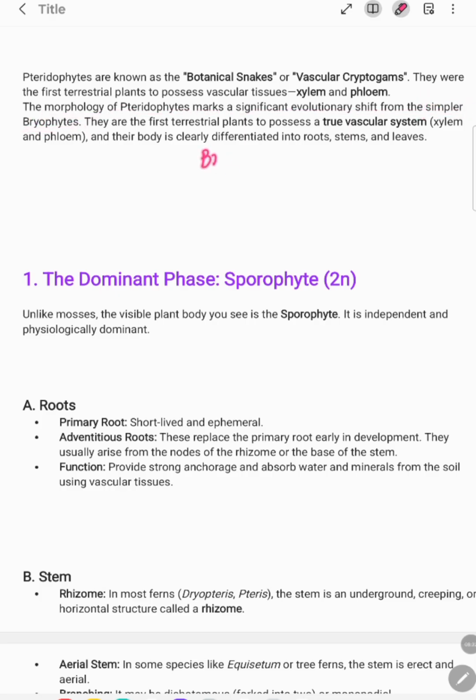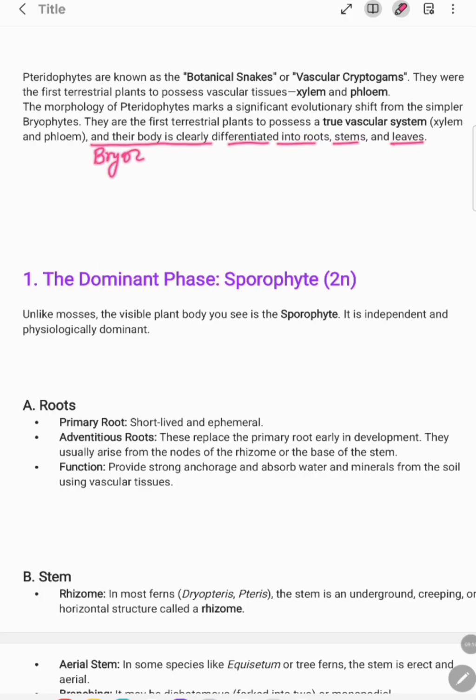As we have discussed earlier in our videos, in bryophytes the vascular tissues, you remember whether they are present or absent? Yes, they are absent. That's why the pteridophytes mark a significant evolutionary shift from the simple bryophytes. They are the first terrestrial plants to possess a true vascular system. Point to remember, these tissues are your xylem and phloem, and their body is clearly differentiated into root, stem and leaves.